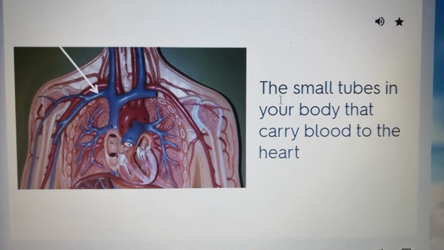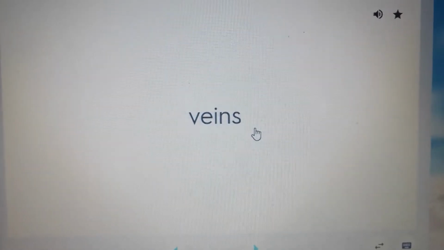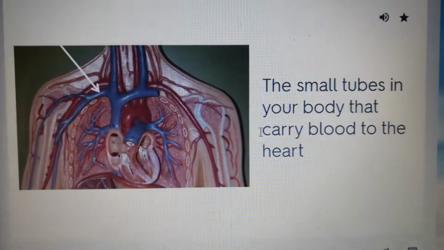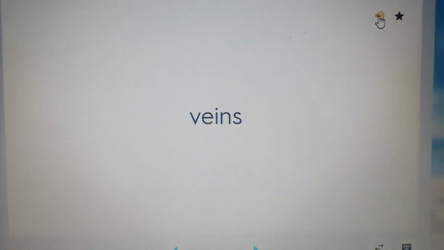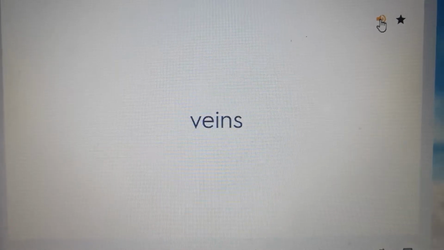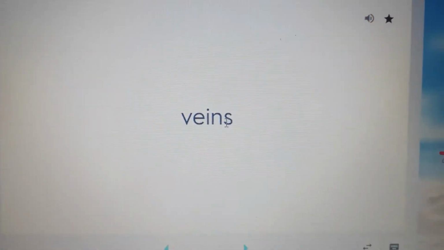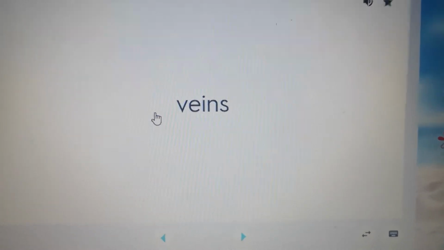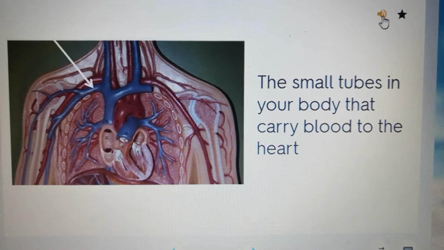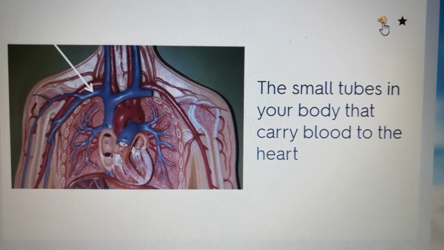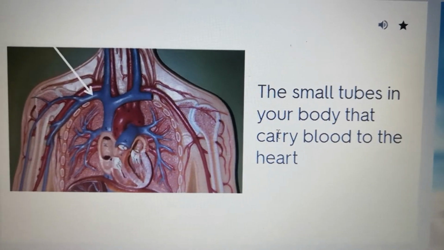Next. What is this? The same picture. Say the word. Veins. Veins. Look at the picture of these veins. Veins are the small tubes in your body that carry blood to the heart.